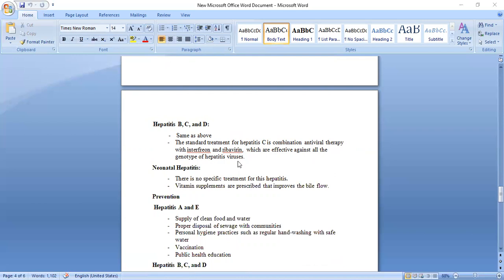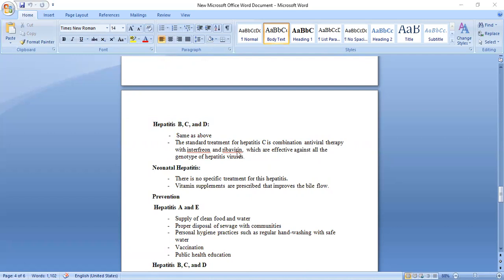Two examples I have given here, which are effective against all genotypes of hepatitis viruses. Hepatitis is due to viral infection, so we have to take antiviral therapy also to reduce the growth and kill the viruses, so we give interferon or ribavirin.